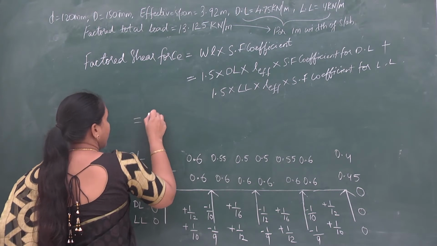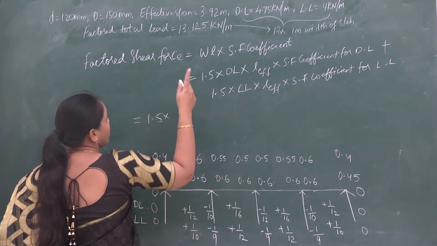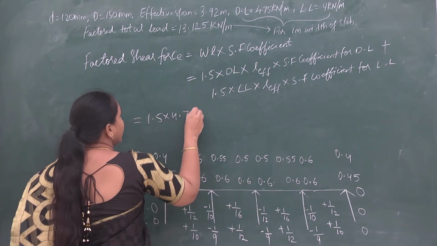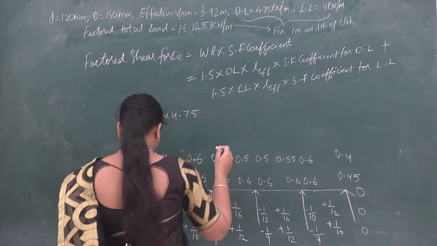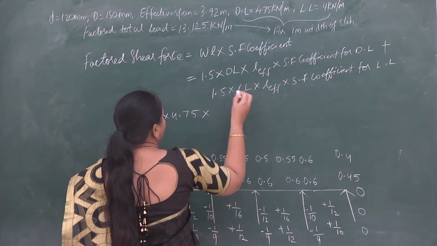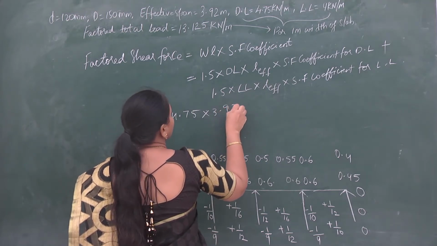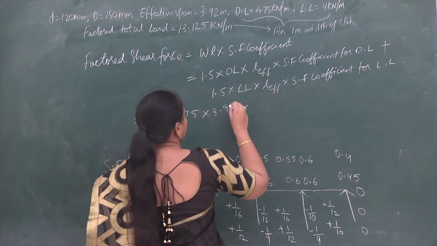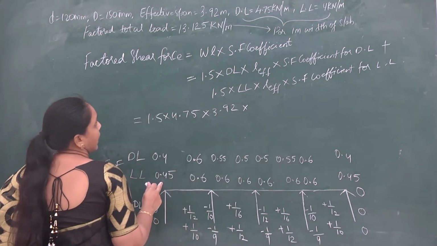So this will be 1.5 into dead load. What is the dead load? It is 4.75 into L effective, 3.92, into the shear force coefficient at the end support.